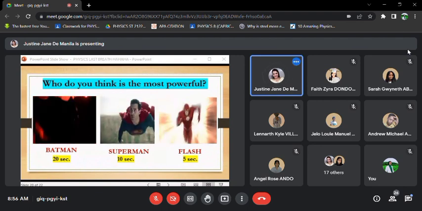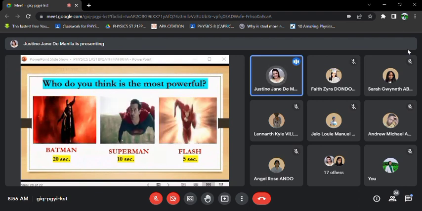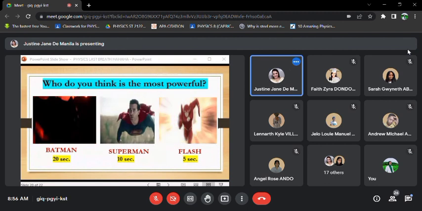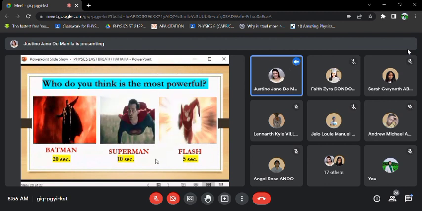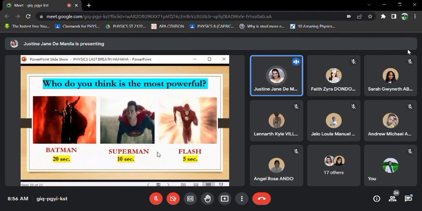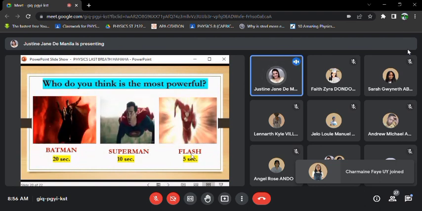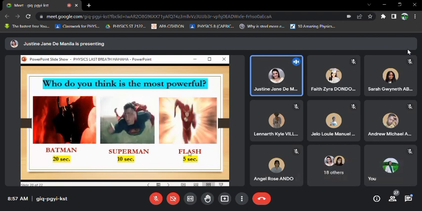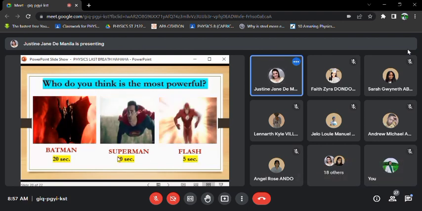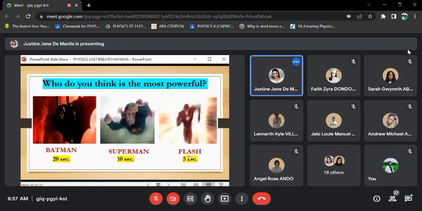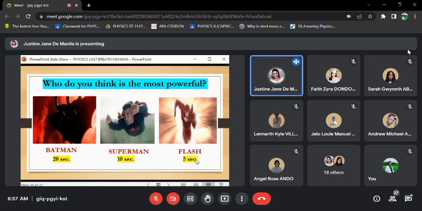So, when we relate this one in physics, si Flash has a greater power because he is faster, when we compare their time. Okay? So much for power.